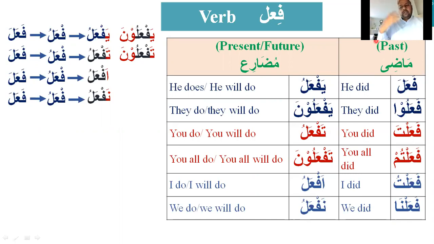So this will be automatic, if I understand the first person, third person singular, third person plural, second person singular, second person plural, first person and first person plural. Fa'ala, he did. Fa'alu, they did. Fa'alta, you did. Fa'altum, you all did. Fa'altu, I did. Fa'alna, we did.